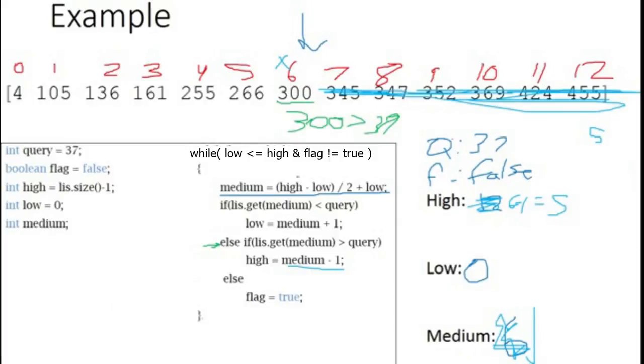Let's go ahead and get back to this point in the program, where medium equals high minus low divided by 2 plus low. So that's 5 minus 0 divided by 2, which is 2 since it's integer division.